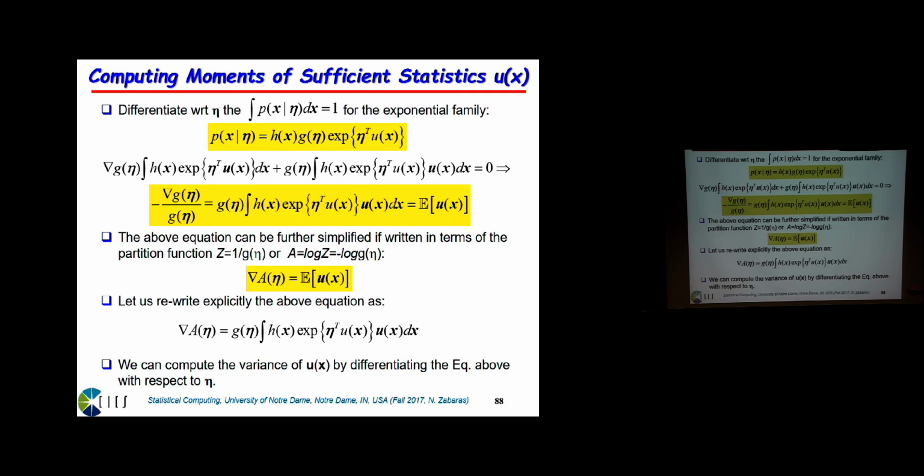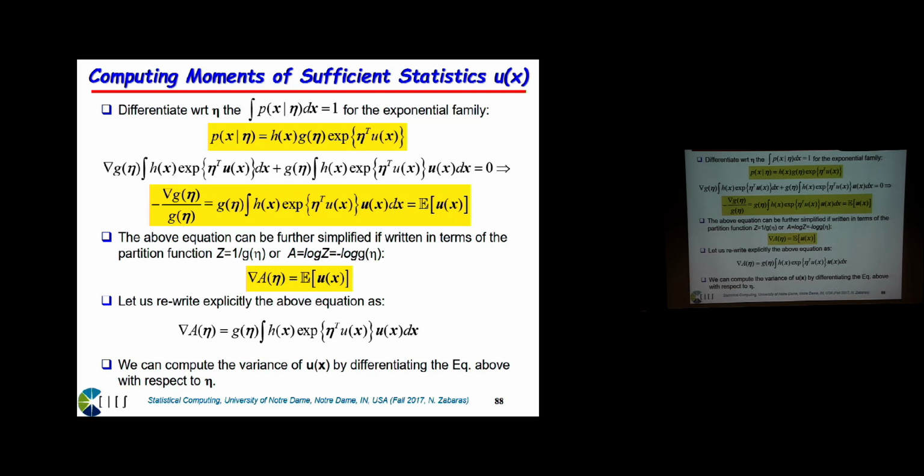So if you put this term on the right hand side, you're going to get minus gradient of g over g equal g of eta times this term. And what is g of eta times that? That's our distribution. And then I have the integral with this distribution of u. What is that? By definition, it is the expectation of u. So it comes out that the expectation of u is exactly the gradient of A with respect to eta.